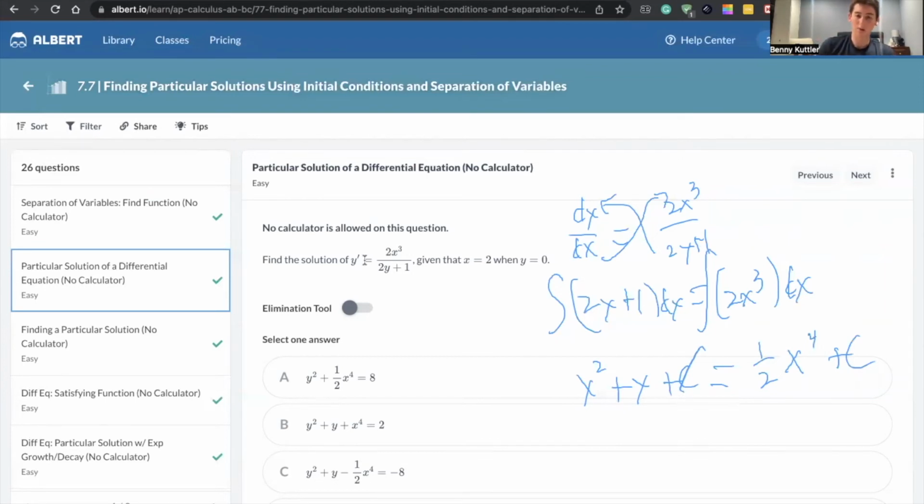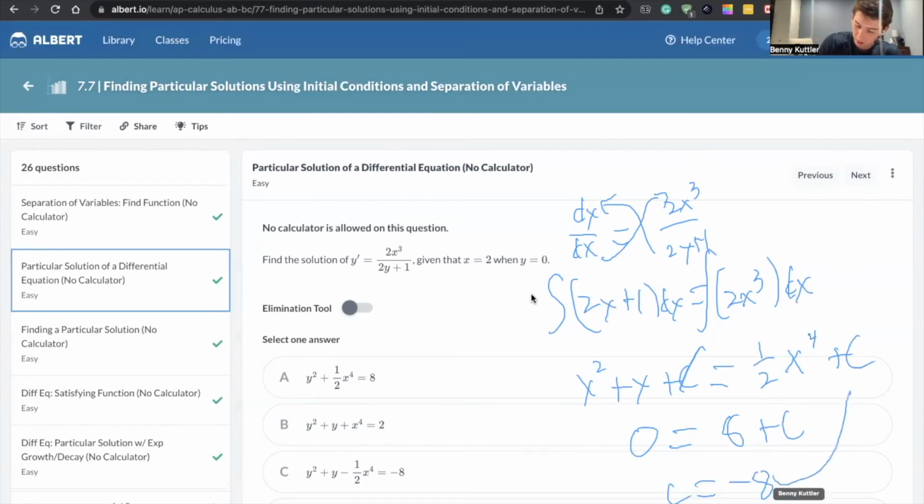And now that we have this general solution, we plug in our initial conditions to find c. So when y equals 0, x equals 2. So we just plug in y equals 0 and x equals 2. So 0 squared plus 0 equals, x is 2, 2 to the 4th is 16, over 2 is 8, plus c, c equals -8.